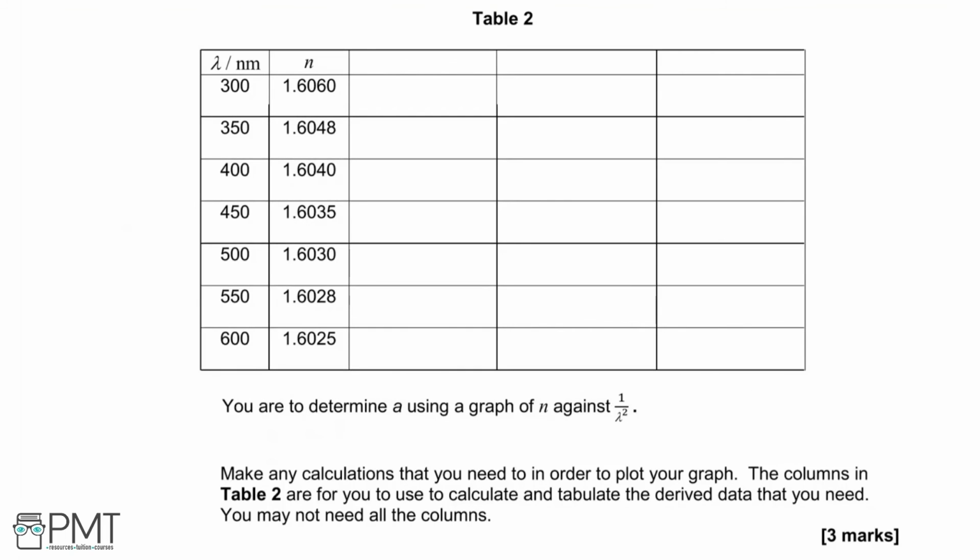So if we're going to plot a graph of n against 1 divided by lambda squared, it's going to be worth calculating those values of 1 divided by lambda squared. And it's probably worth converting those wavelengths into meters first. So let's use the first column to calculate our values in meters.